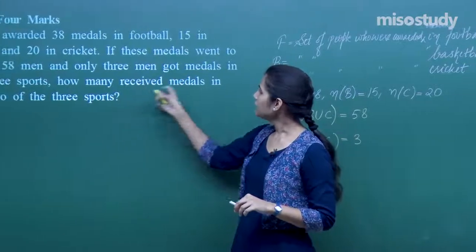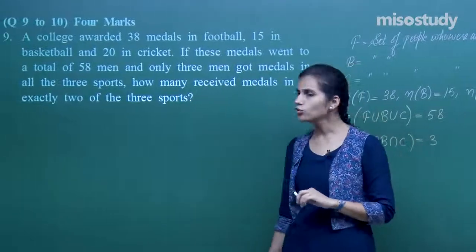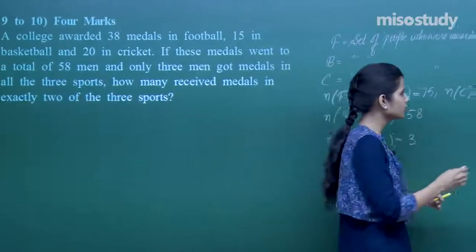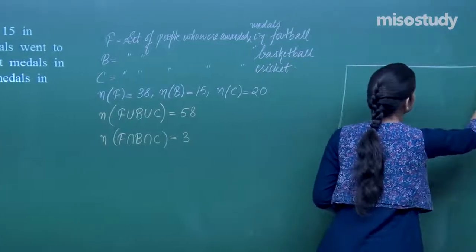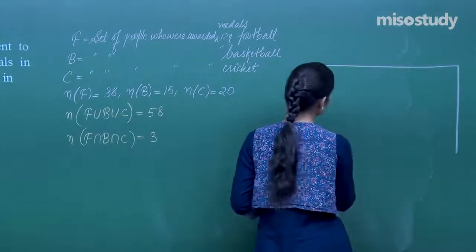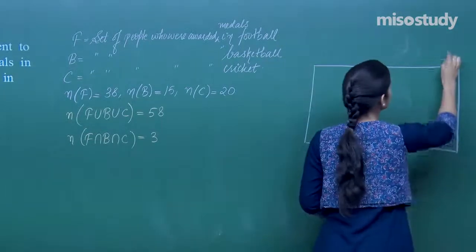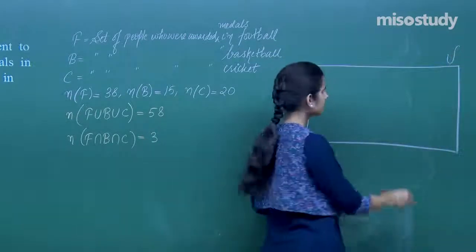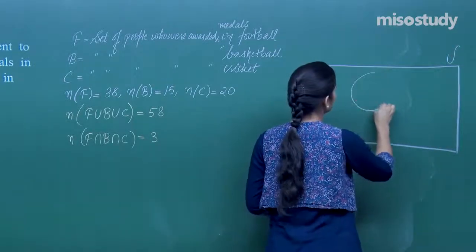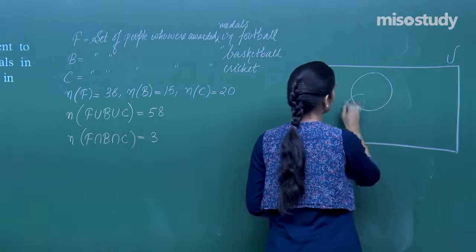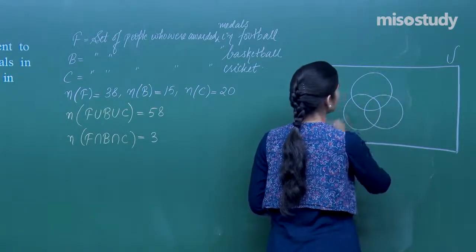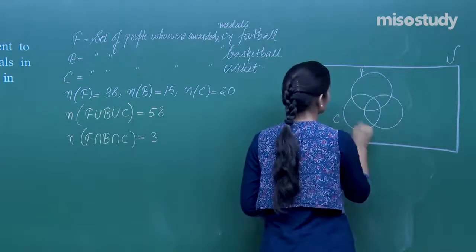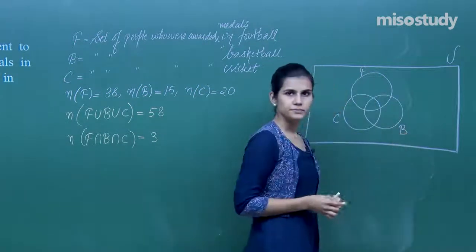How many received medals in exactly 2 of the 3 sports? Let's just draw the Venn diagram. That's my universal set. 1, 2, 3. So this is football, cricket, basketball.